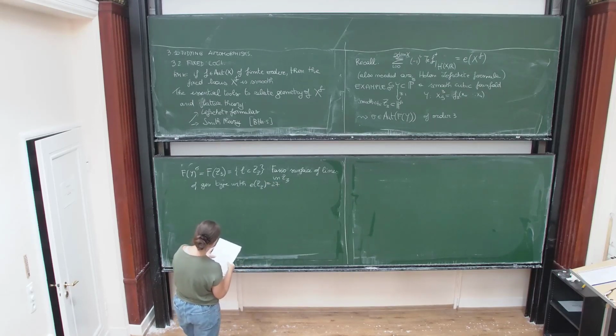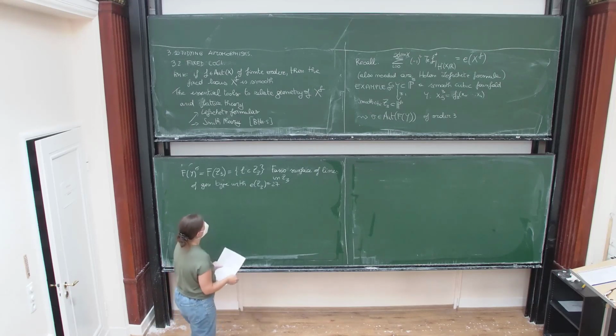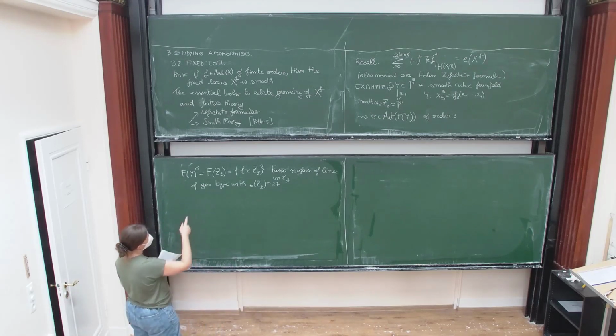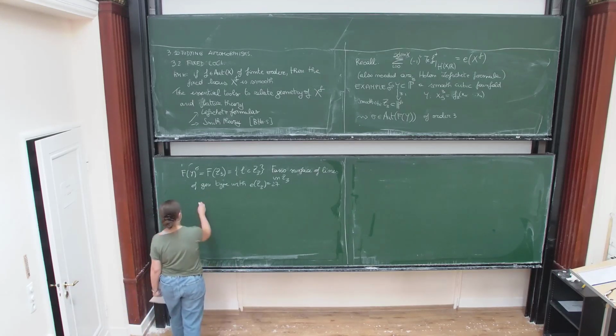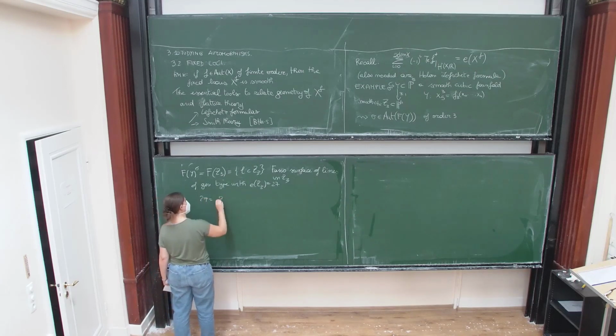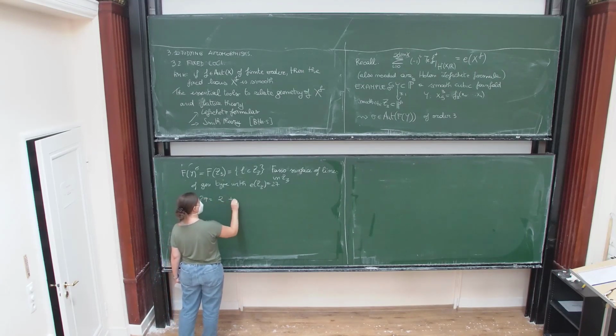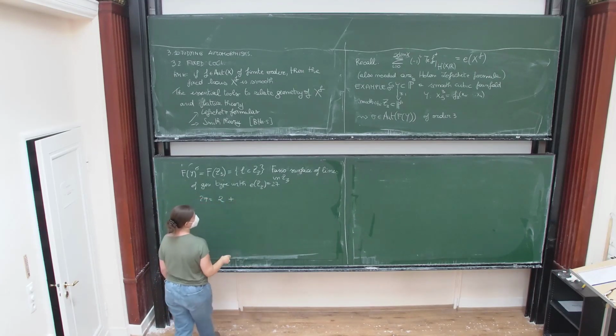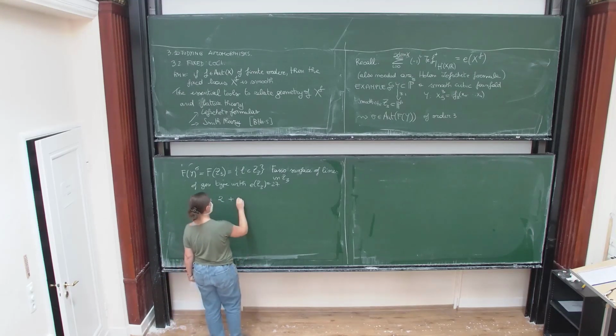All right. Now, I can plug it into my Lefschetz formula, and I get that this is equal to 2. There is not much here, what is the trace on H0 in this case.